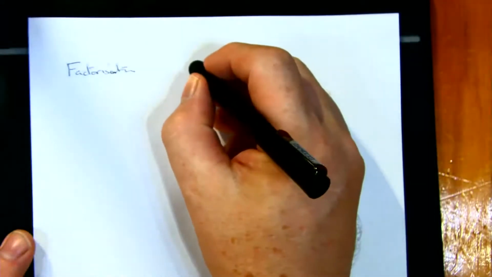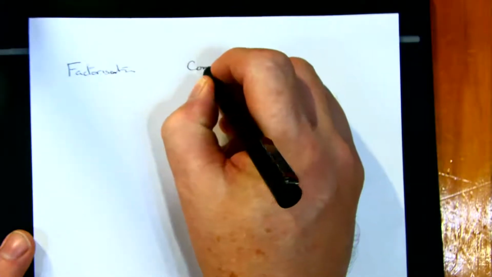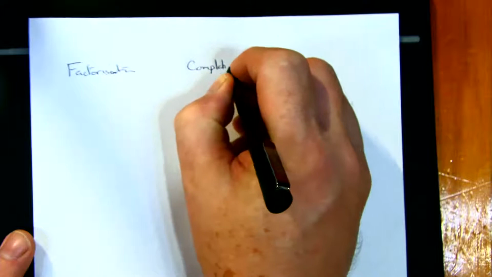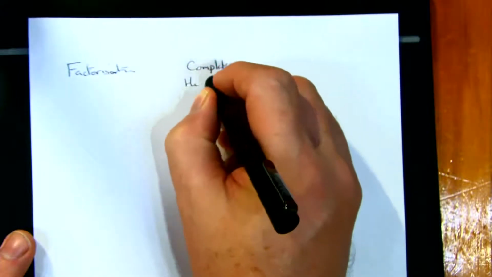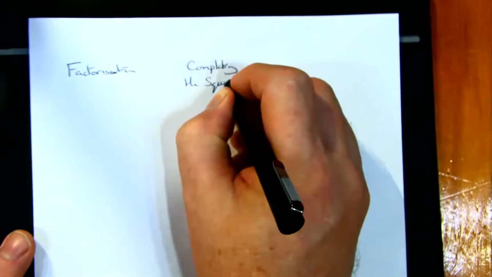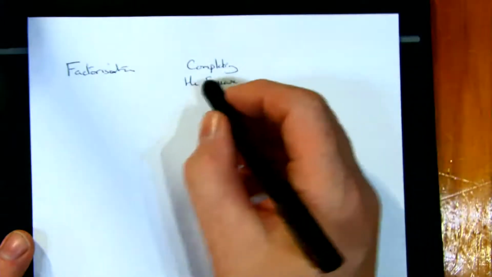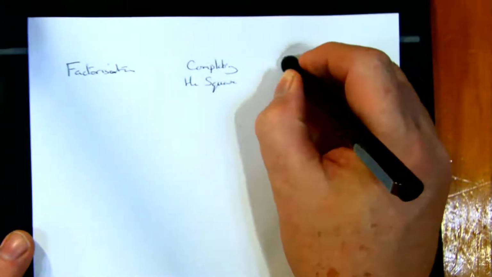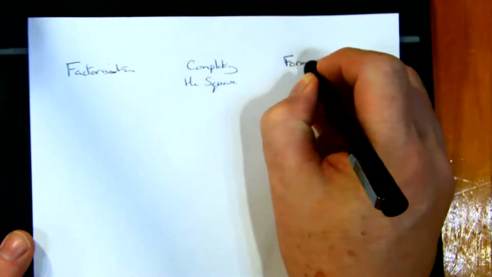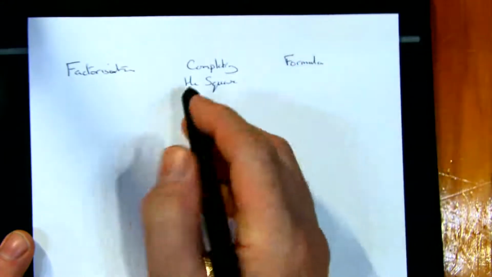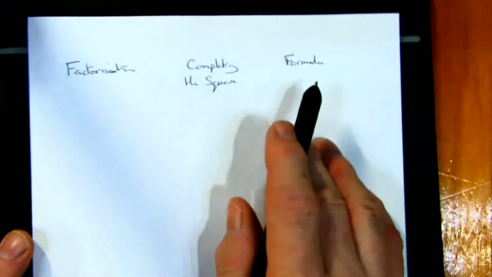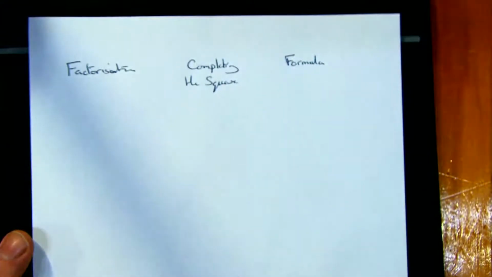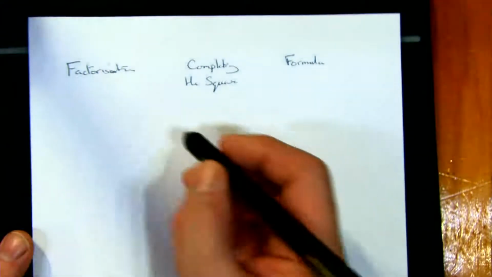We are then going to solve them sometimes by completing the square. And we can also have quadratic equations where we can use the formula. And those are primarily the three ways we come across quadratic equations.